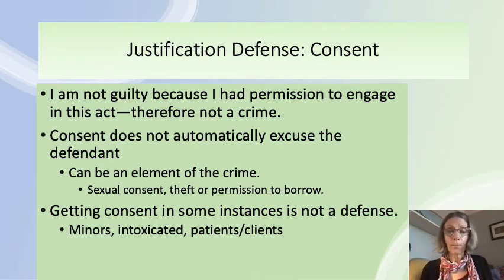Well, that 14-year-old might have consented to having sex with you, but minors don't have the capacity to offer that consent. Just like they don't have the capacity sometimes to possess mens rea, a 14-year-old probably, because of the age difference, doesn't understand the consequences of the sexual activity. Minors cannot give consent. And so that would not be a usable justification defense.